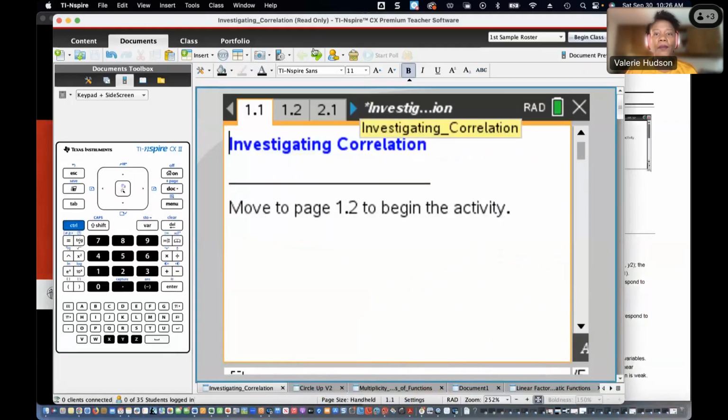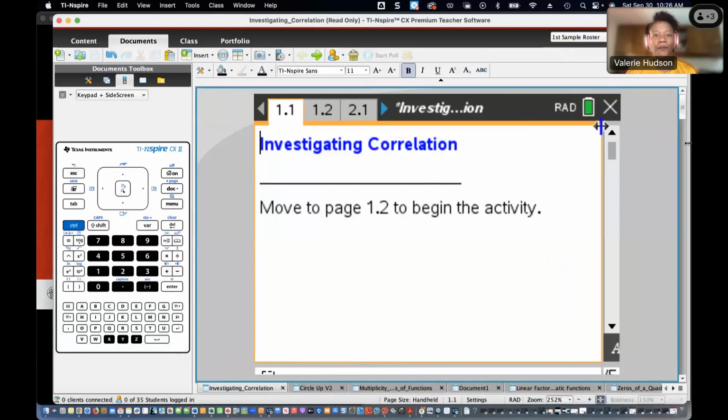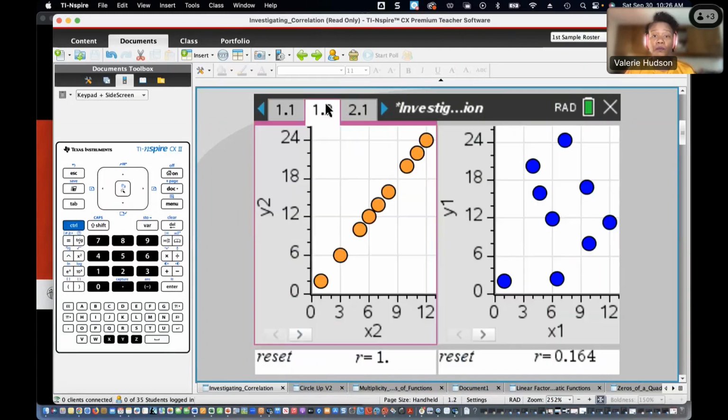So let me pull that up and I'll make it a little bit bigger. There we go. As it says, we're going to move to page 1.2. And here are two scatter plots. Obviously, we are given a correlation coefficient on both. This is all assuming students don't know anything about the correlation coefficient.